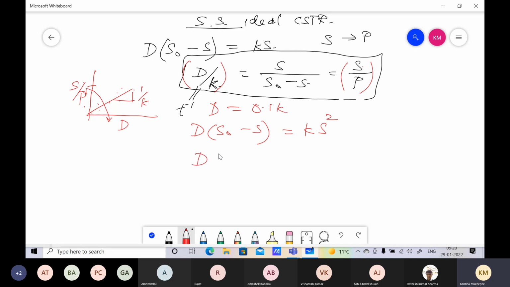And if it is an nth order reaction and you do not know n, then you are in even bigger trouble, because you have to write it as K S to the power n, and then you have to take log.